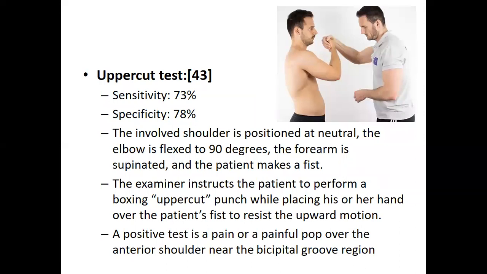Uppercut test. First, why is it called the Uppercut test? Because in boxing there is a punch known as the uppercut punch, and this is the posture for the uppercut. Its sensitivity is 73% and specificity 78%. In the uppercut test, the involved shoulder is positioned at neutral initially, the elbow is fixed at 90 degrees, and the forearm is supinated.